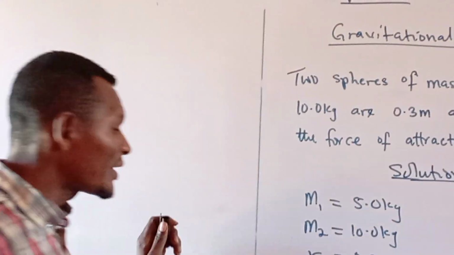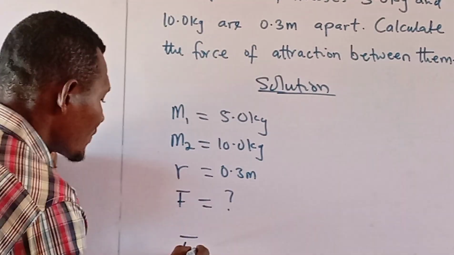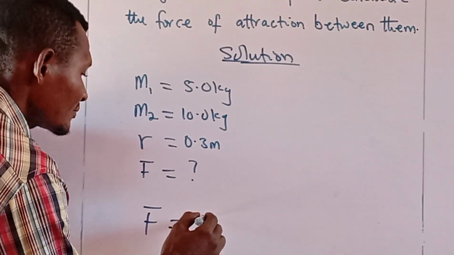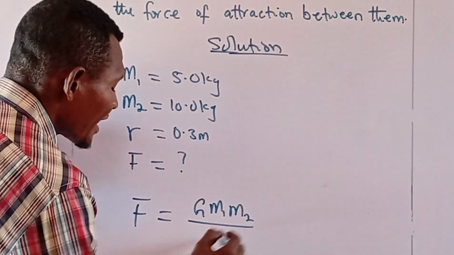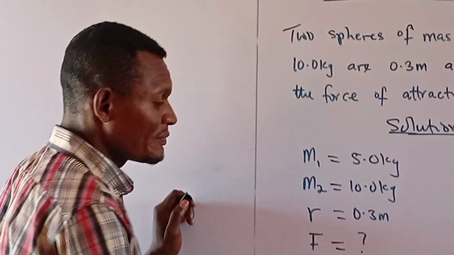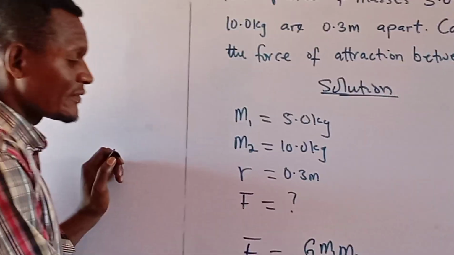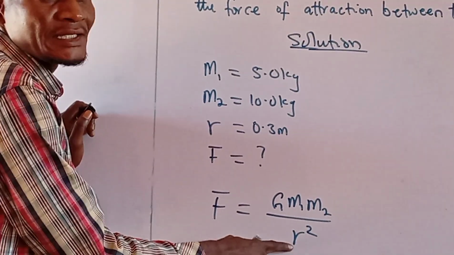So now the formula is F is equal to G M1 M2 over R squared. So the law that stated this is the connection between the force of attraction, the masses, and then the distance.